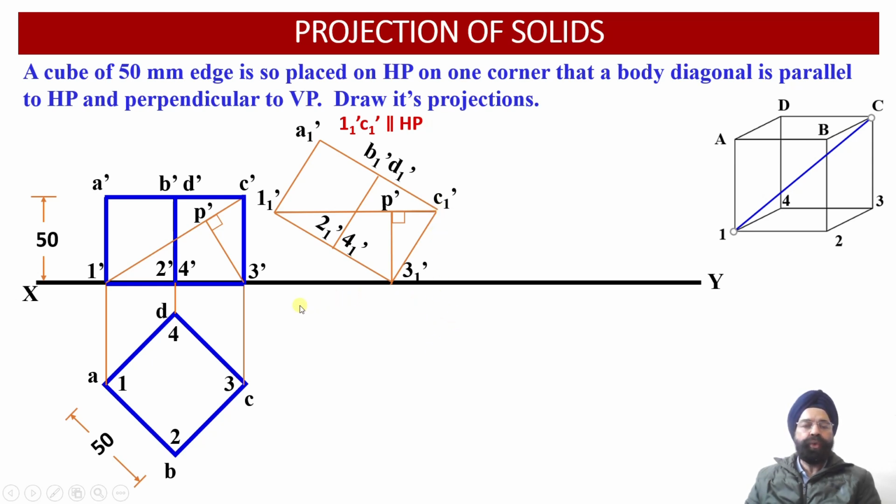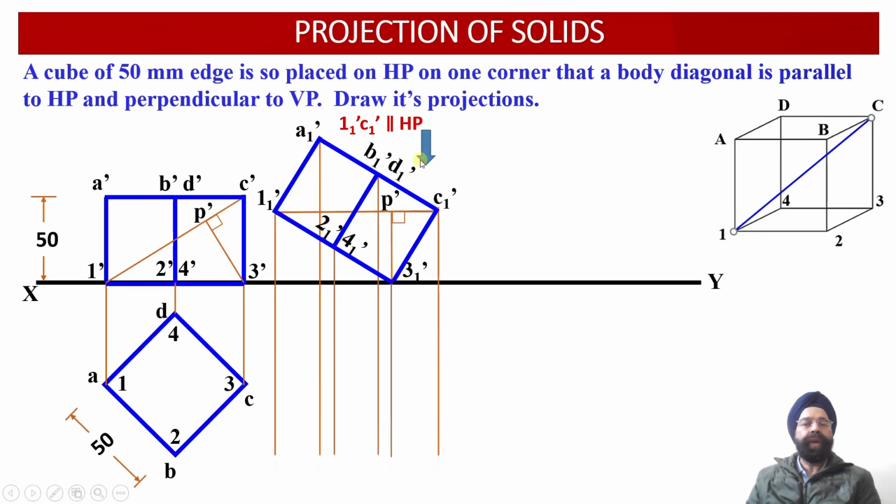Now we need to evaluate the top view projection points corresponding to these 8 points of the elevation. So how can that be done? Now we can see there are 4 points, 1, 2, 3, 4 corresponding to the base. There are 4 points A, B, C, D corresponding to the top face. So corresponding to these 8 points, now we have to look at this particular object, the inclined cube, from the top.